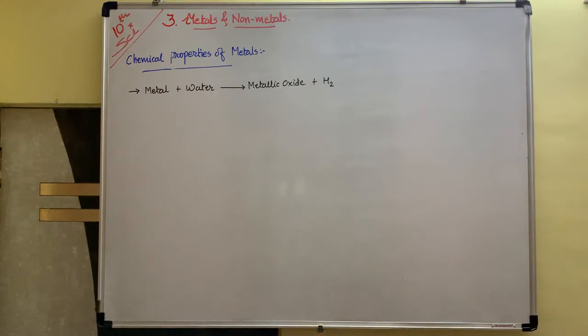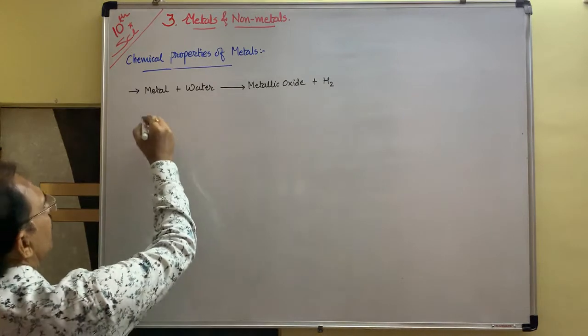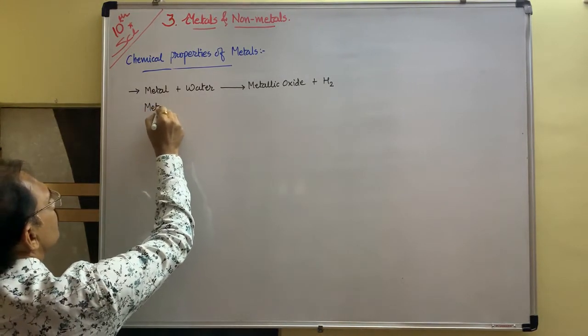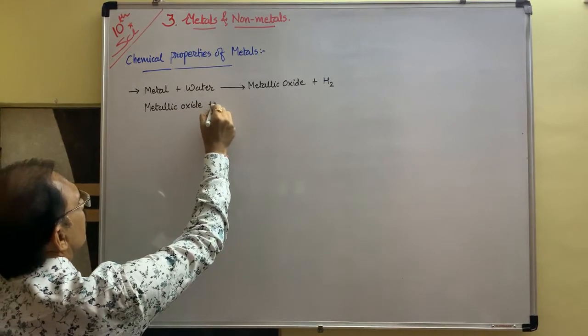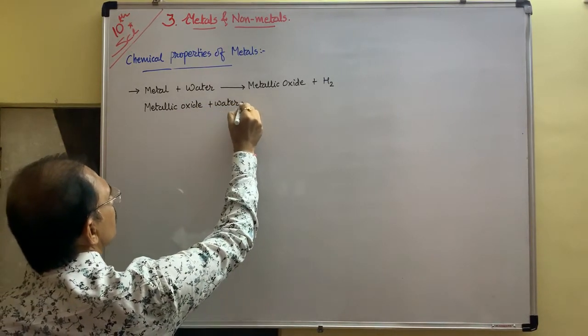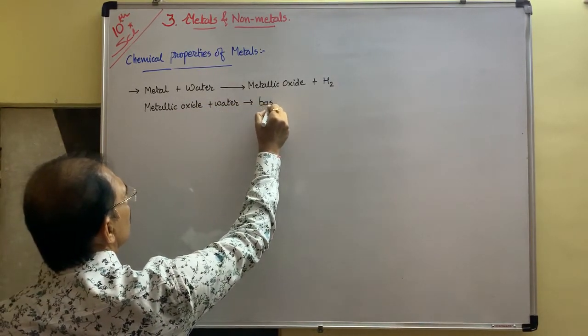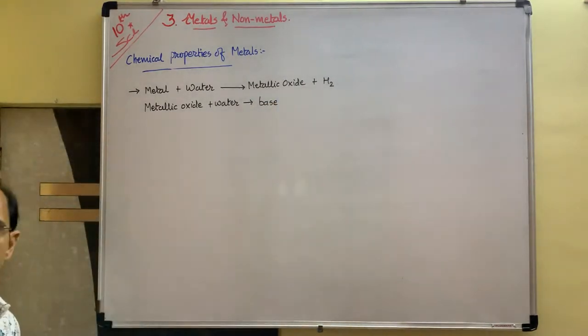Metallic oxide, when formed, when this metallic oxide reacts with water, it forms metal hydroxide, means base is formed. Metallic oxide when it reacts with water, it forms what? Base.